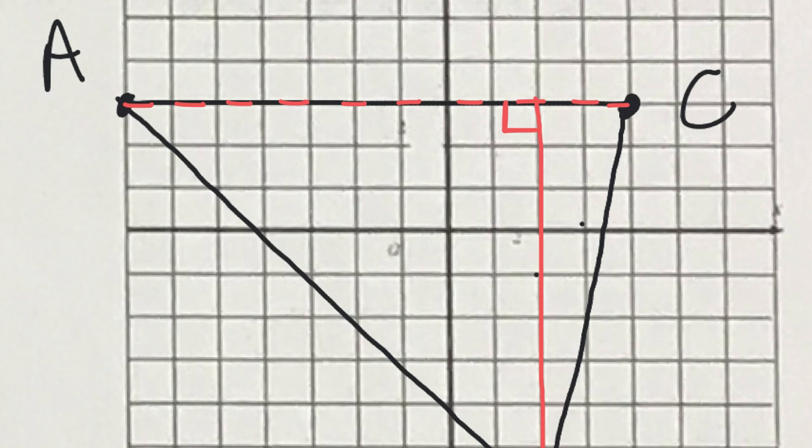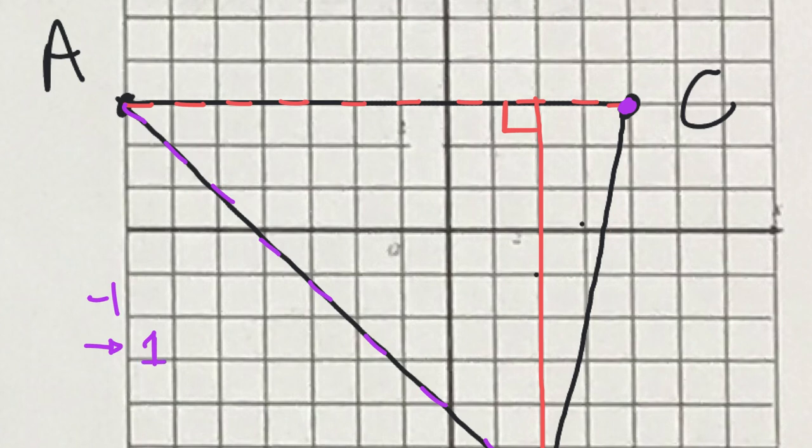Let's do the same thing from point C. What is the slope of the side AB, which is across from point C? This has a slope of -1, right? Down 1, right 1, or down 9, right 9, which still reduces to -1. So my perpendicular slope to -1 is +1.